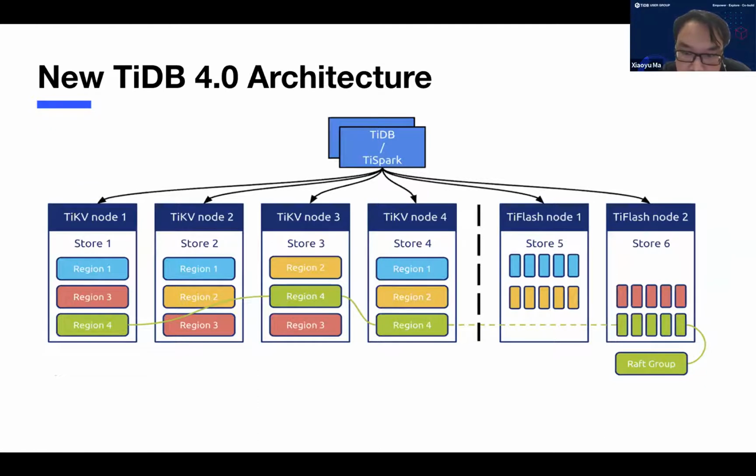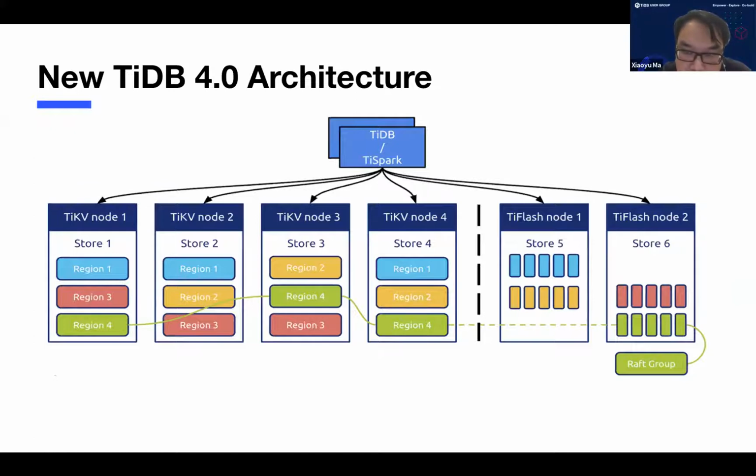You can see a dashed line connecting from TiKV to the TiFlash nodes too. That means this region is replicated using the Raft algorithm to write the data from the row store format into the column store format. That's the way we copy and replicate the data in real time.